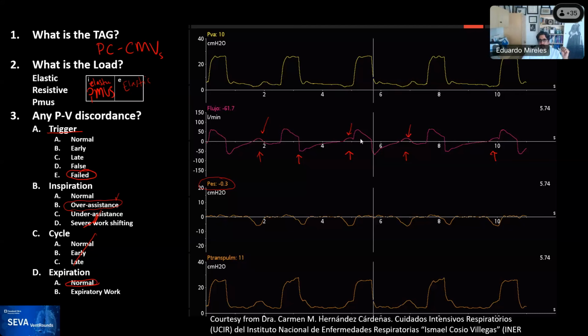If your goal is comfort, then you're not achieving that on this mode at all. There's absolutely no synchrony. And in terms of work of breathing, none of the breaths for this patient is getting appropriate support. So the ABG may look beautiful, but this patient is going out of sync with the ventilator completely.